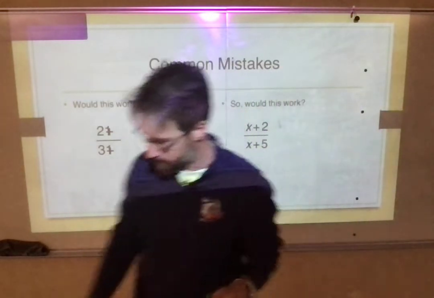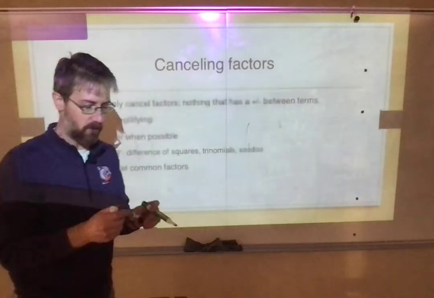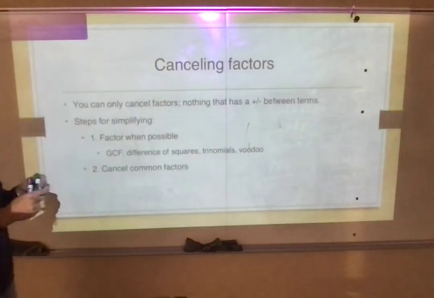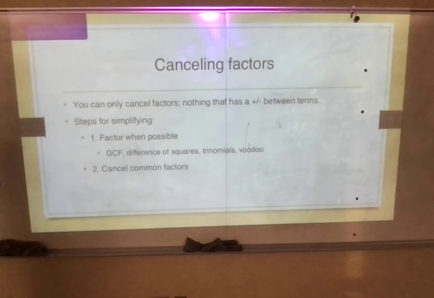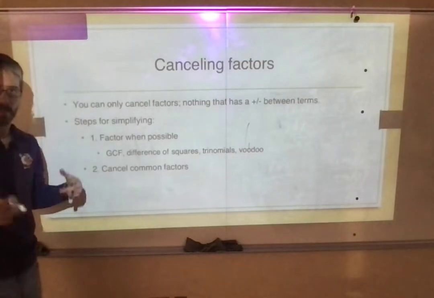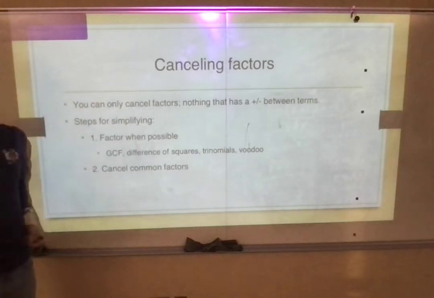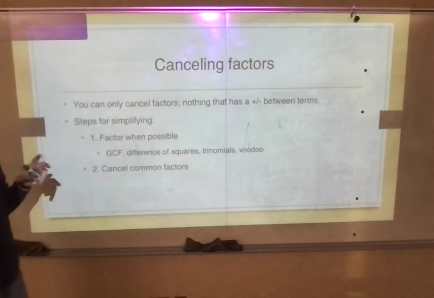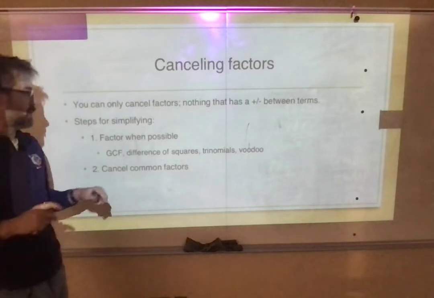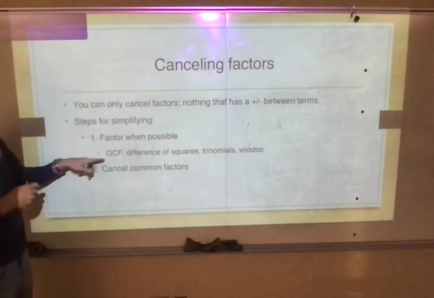Okay, some basic steps that we can follow when we're canceling factors. We can only cancel factors, like I was saying, nothing that has a plus or a minus between them. So the steps for this: one, we're going to factor when possible. Most of these, both the top and the bottom, are going to be factorable. Some of them just one or the other.